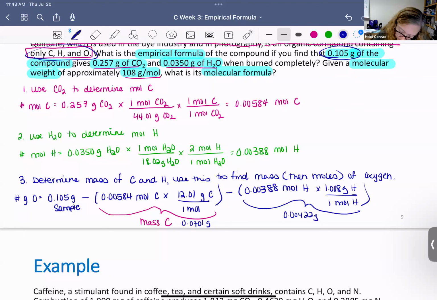Typed that in wrong. 0.00388 times 1.008, 0.00391.